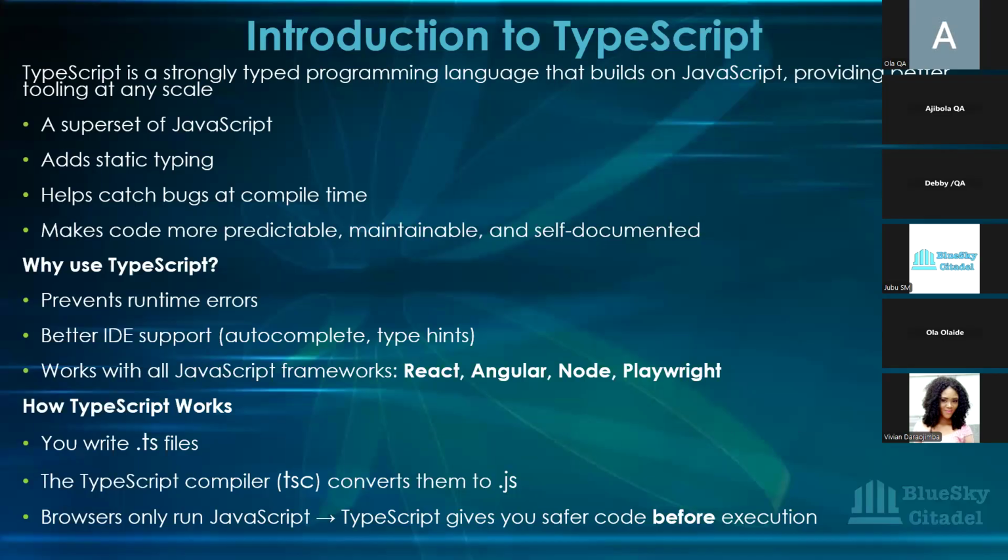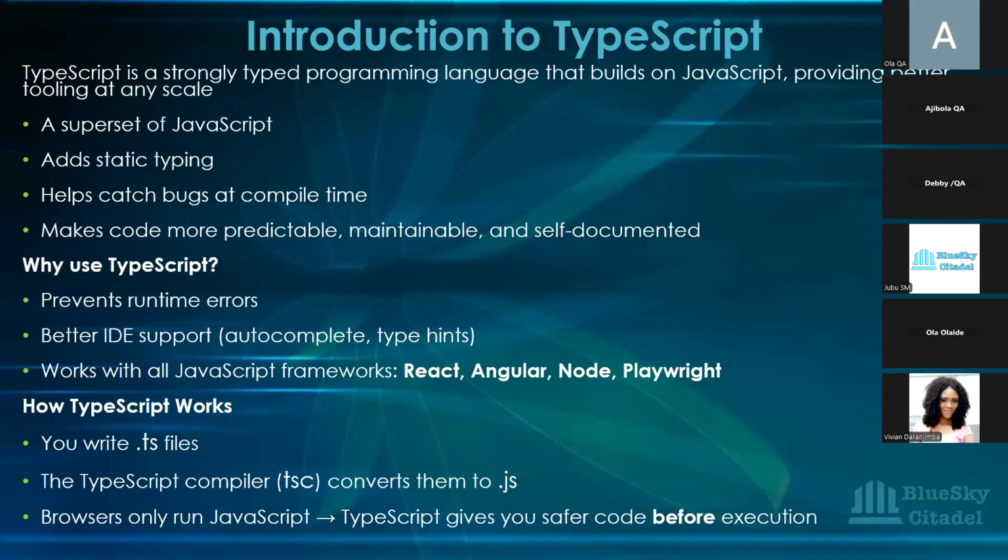So why should we use TypeScript? The main reason is to prevent runtime errors. Like I said, we don't want any tests that shouldn't fail and happen to fail. We want to eliminate that. We also have better IDE support, for instance autocomplete and type inference.